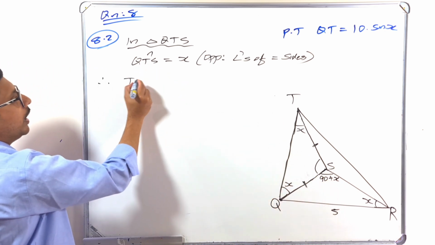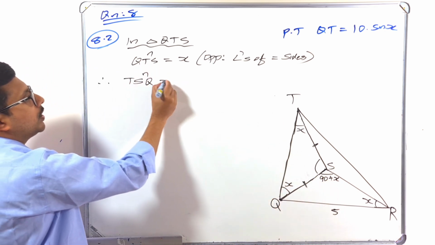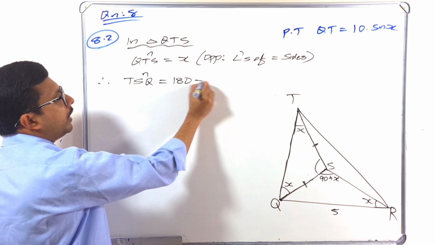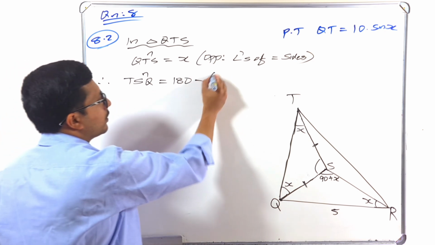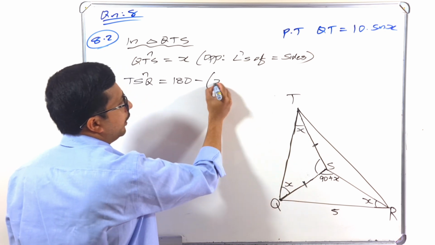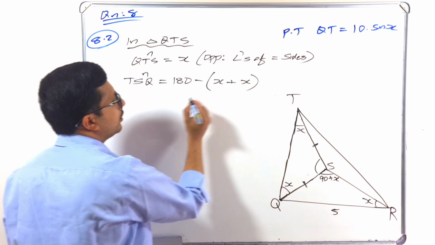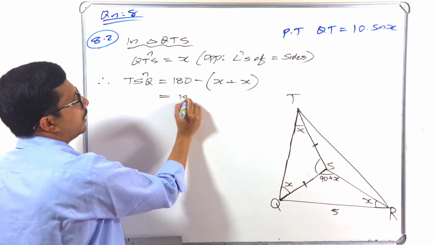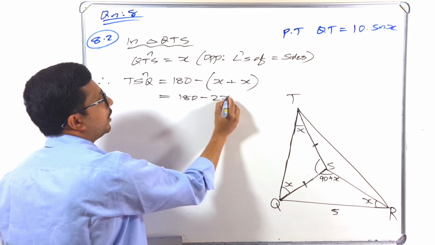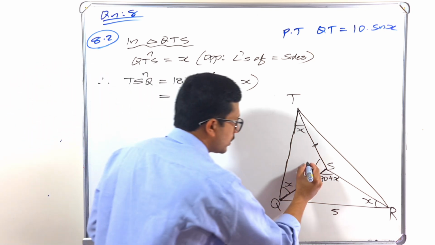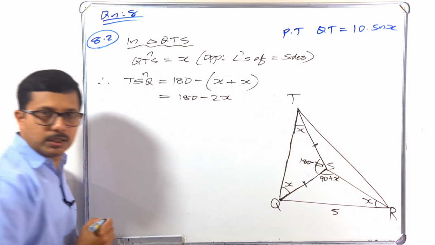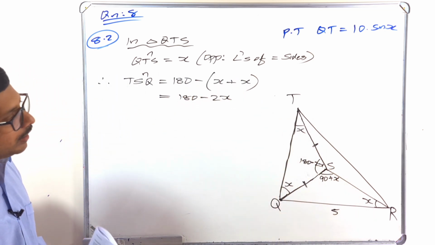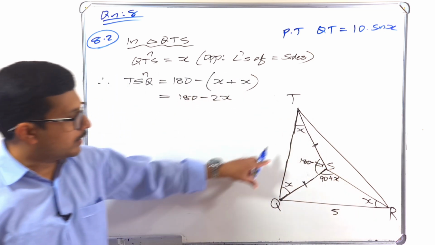So angle TSQ is equal to 180 minus the sum of the other two angles, x plus x. So it means this angle is 180 minus 2x. Now we have to find this side.